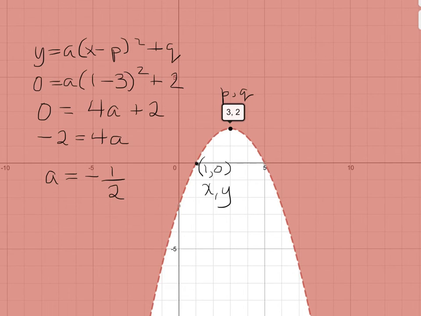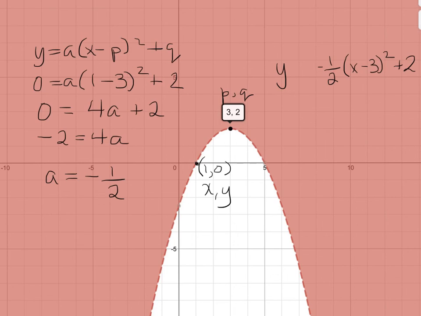So then we can write the equation of the boundary line. It's going to be y equals -1/2 (x minus 3) squared plus 2. You need to fill in a, p, and q. But then I need the actual symbol. It's not an equal sign, right?